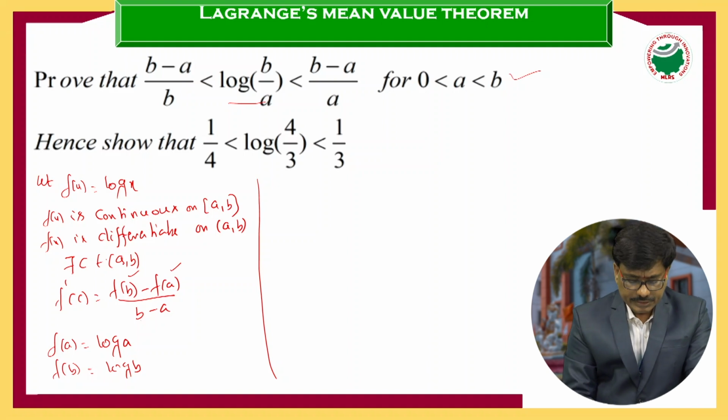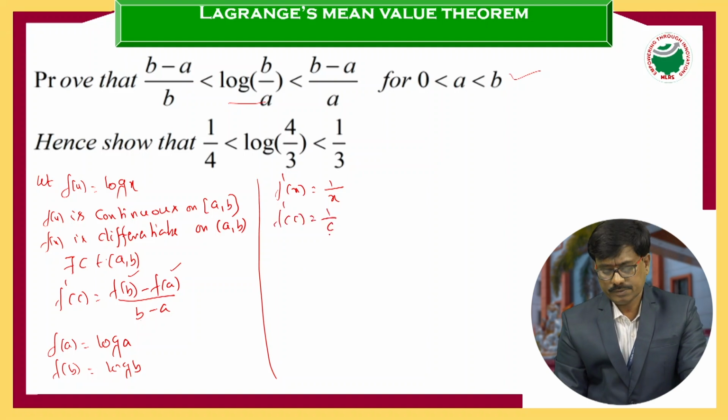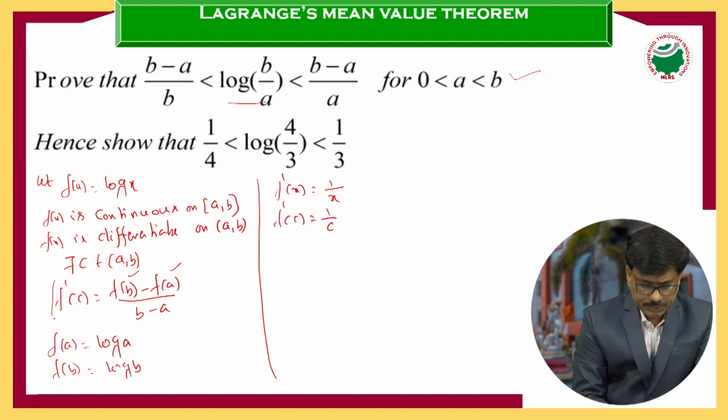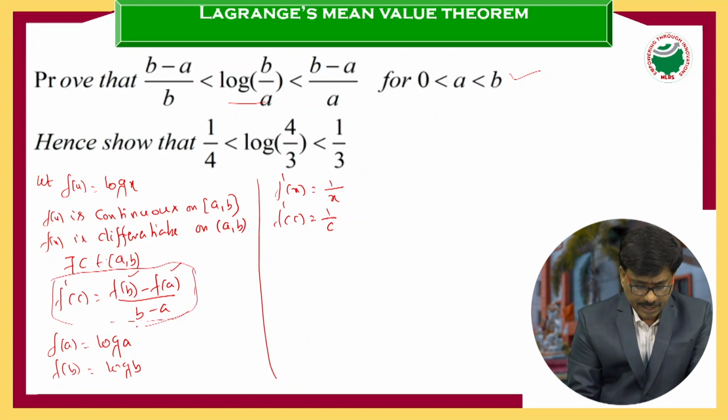Already we know the derivative of log x: f dash of x equals 1 by x. So f dash of c equals 1 by c. Now I am going to substitute all the values.